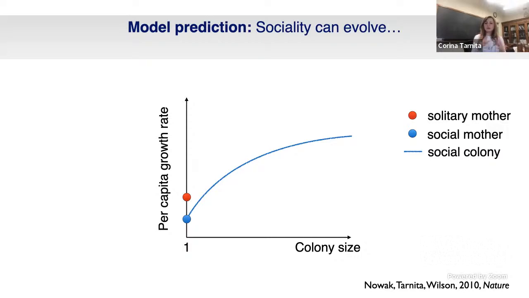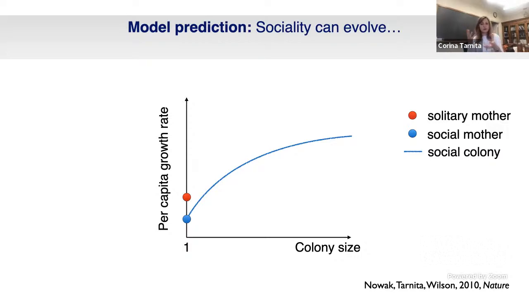It's probably fair to assume that the social mother, the eusocial mother, would be paying some cost early on, because she has to not only lay the eggs and provision them with the first bit of food and maybe stick around for just a little while, but she has to stay there and actually rear them. And mind you, probably in the beginning, it happens one or two at a time.